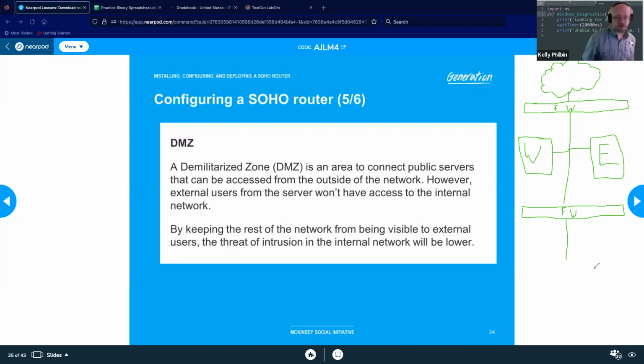And what do we think we would want to keep behind this? So we have web servers and emails and all that stuff. What are some things we would not want anybody on the outside to see? File servers, that might be one.